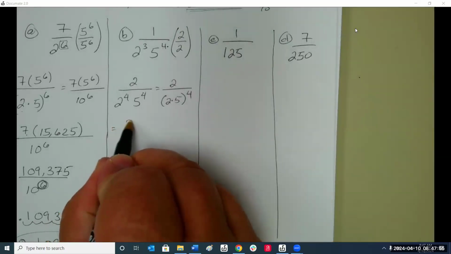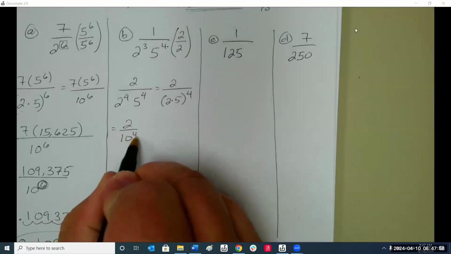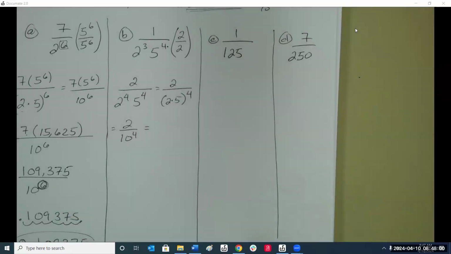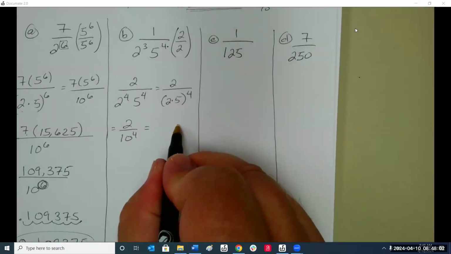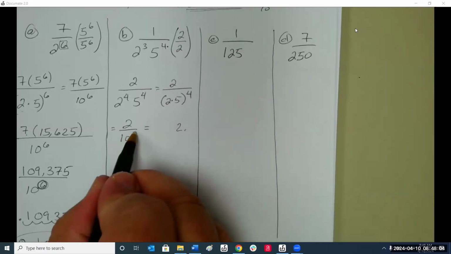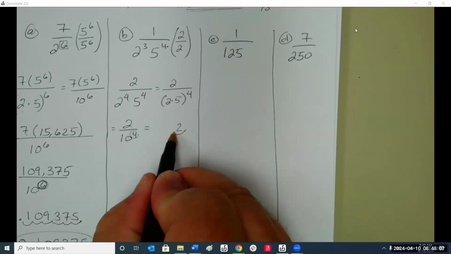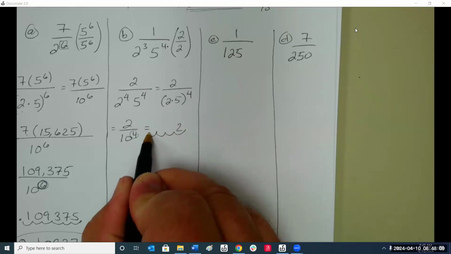So we have 2 over 10 to the 4th. We have to move it to the left 4 spaces. 1, 2, 3, 4.